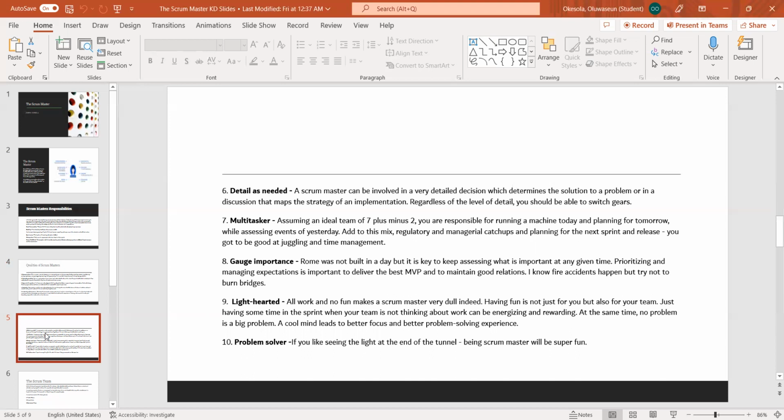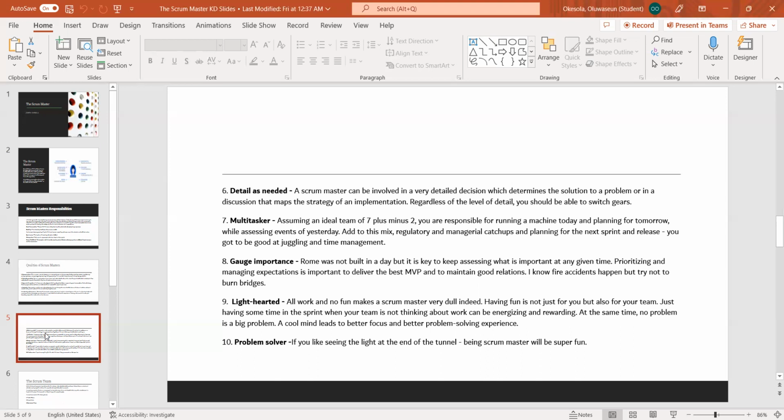So assuming an ideal team of 7 plus or minus 2, what this basically means is that a Scrum team can consist of 7 team members, 9 team members, or 5 team members. You are responsible for running a machine today and planning for tomorrow, while assessing events of yesterday. Add to this mix regulatory and managerial catch-ups and planning for the next sprint and release. You've got to be good at juggling things together, and of course, time management.